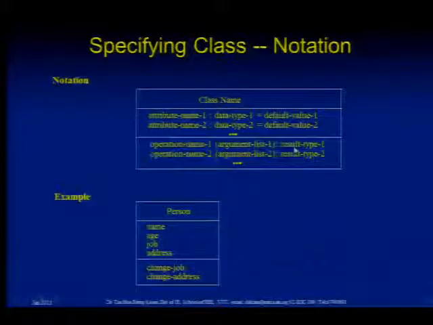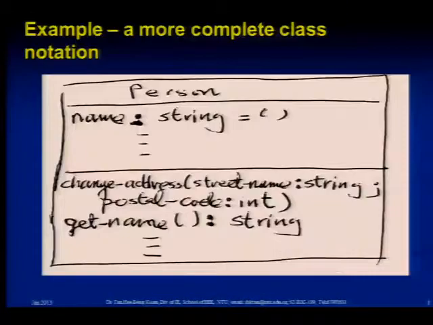The format for each operation is similar to what you do when you write a program, how you define a function. So this is a more detailed format, and if you just want to define a simple class, this is an example. We only give the name without specifying much.